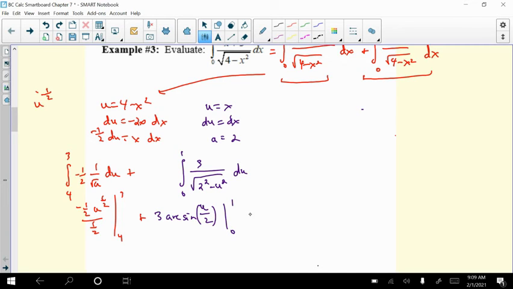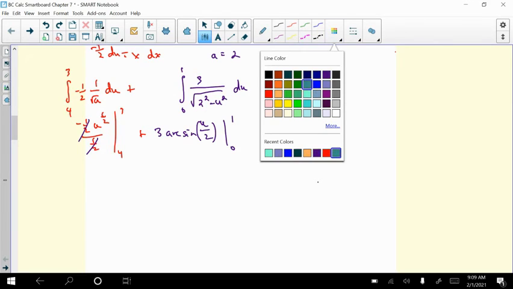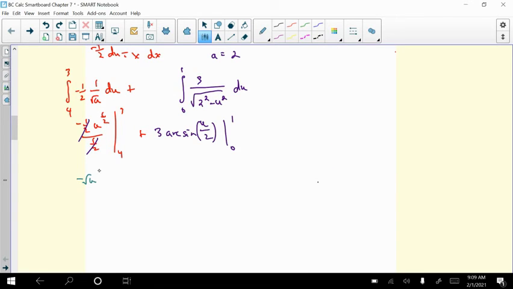Okay, so then we can simplify that. So then the 1/2s cancel here. I guess I should have changed colors, but that's okay. I'll go to this green color. So then that's just negative the square root of u when evaluated from 4 to 3 plus 3 arc sine of 1/2 minus 3 arc sine of 0. Arc sine of 0 I know is 0. Arc sine of 1/2, remember, it's the principal root, so that's pi over 6, or a 30-degree angle, but we think radians, times that 3.